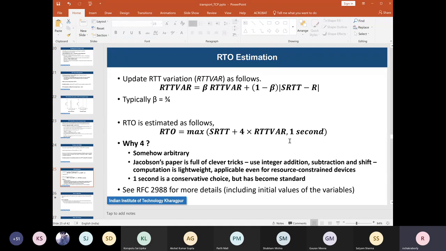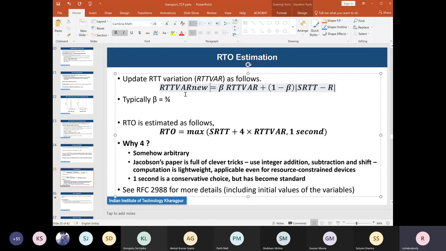The question is this: beta times RTTVAR plus 1 minus beta. I could have written RTTVAR new and RTTVAR old, like we were writing new and old. Fine, this is also a kind of moving average.